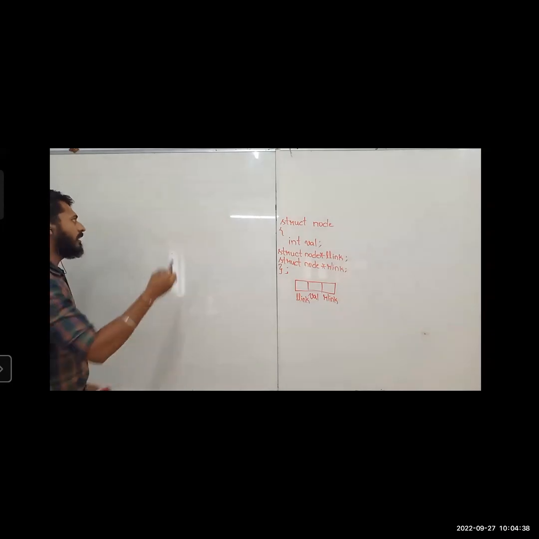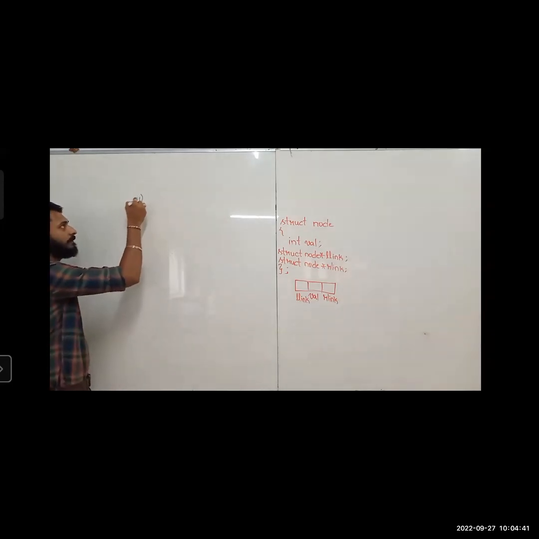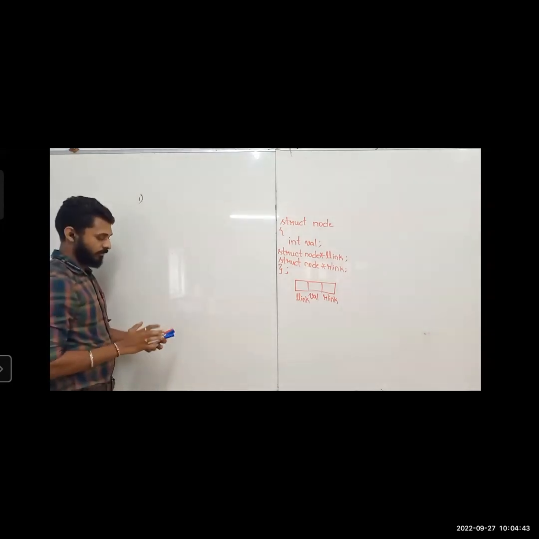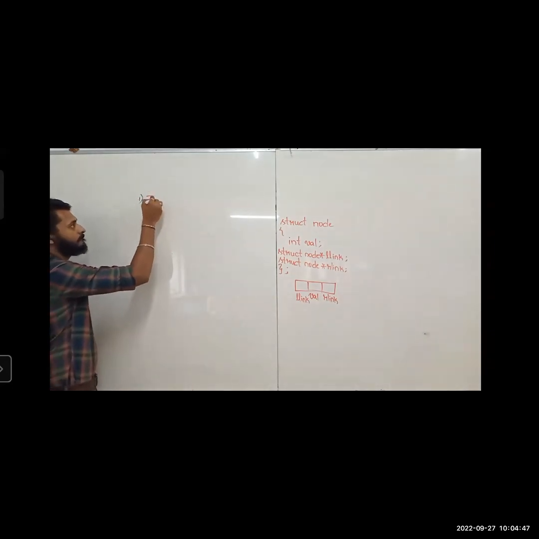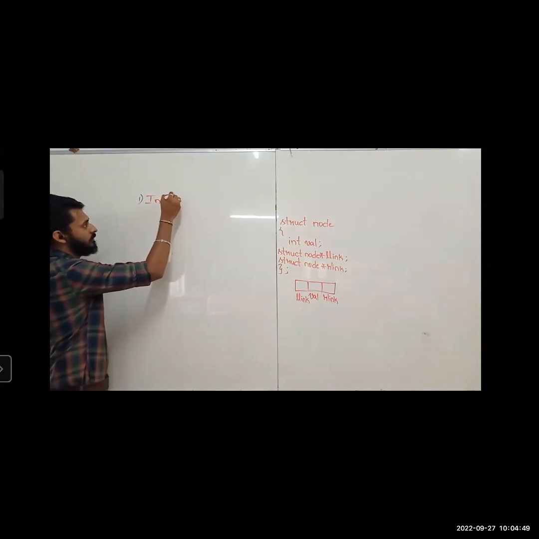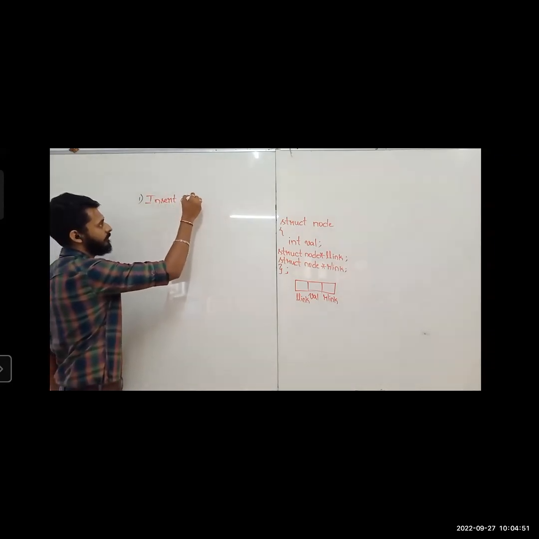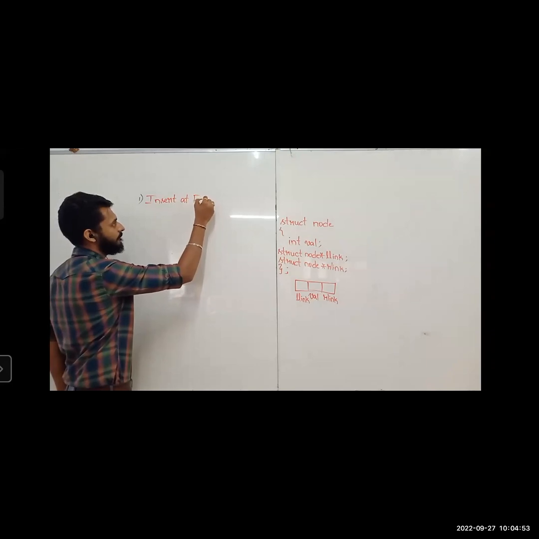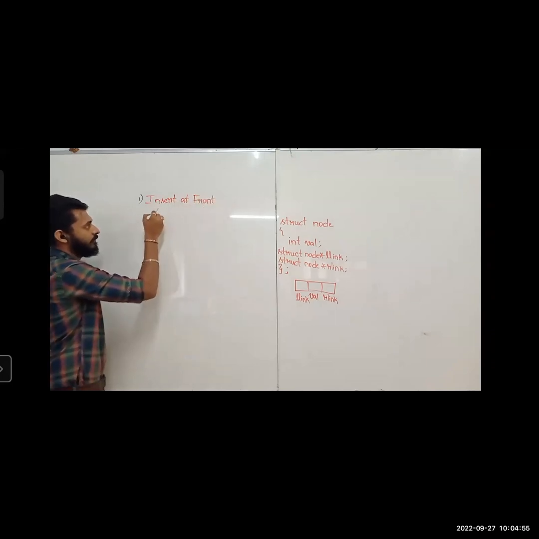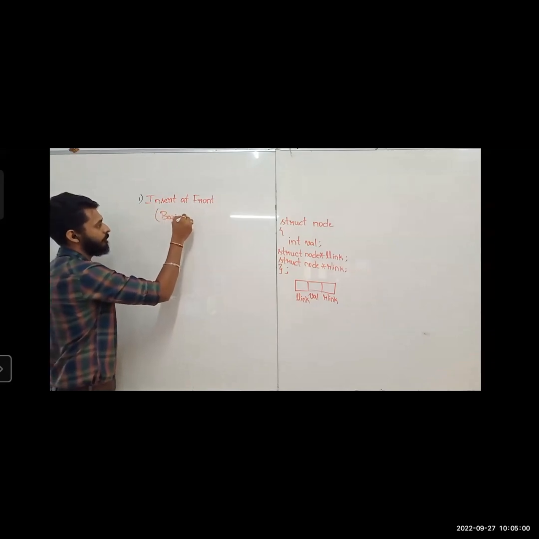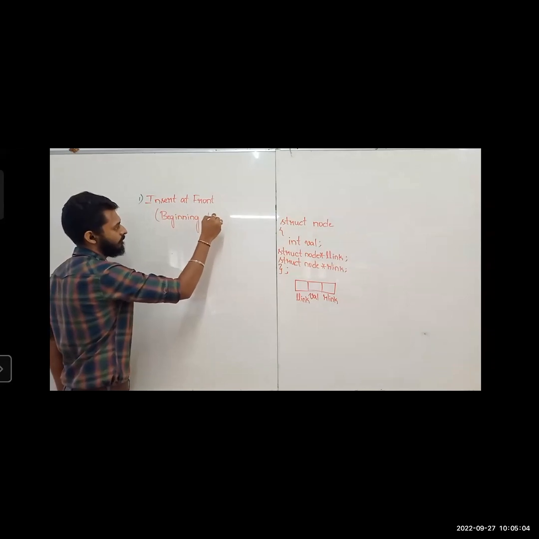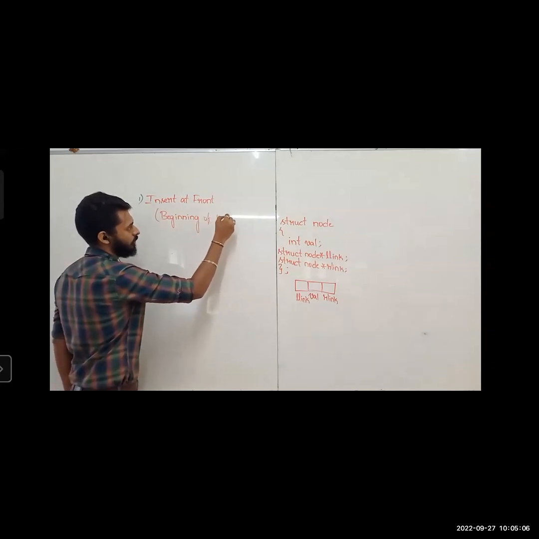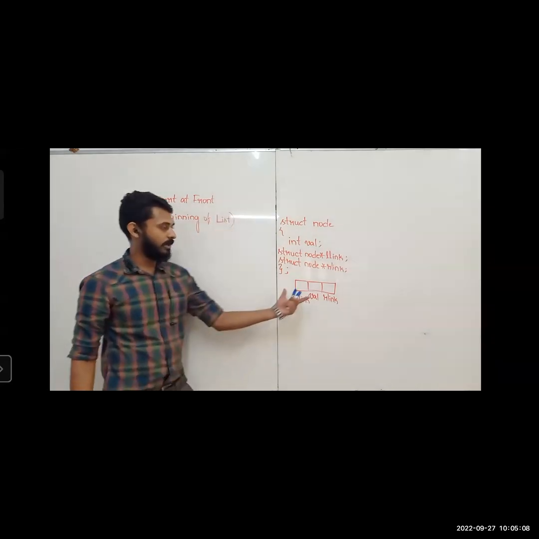So now, first one, very first part, what is that? I'll just write it here. That is nothing but insert at front. What do you mean by front? That is nothing but the beginning of the list. Not node, node means only one, right?